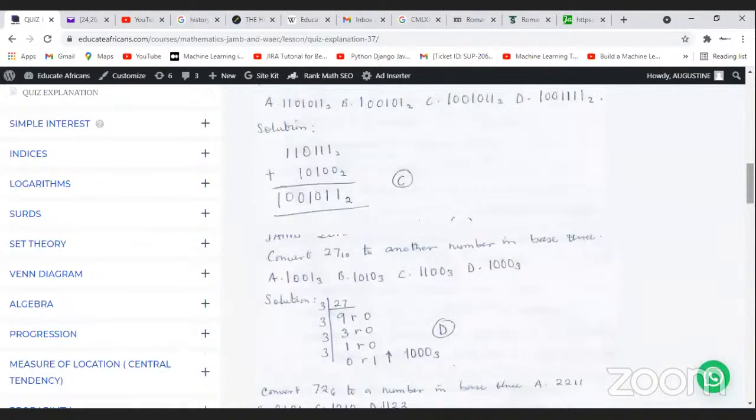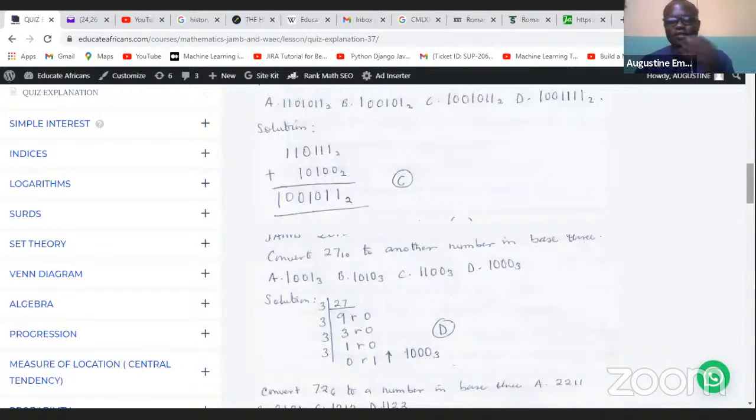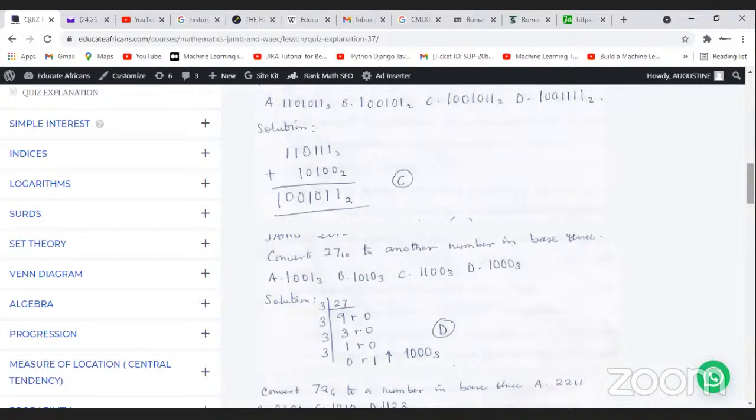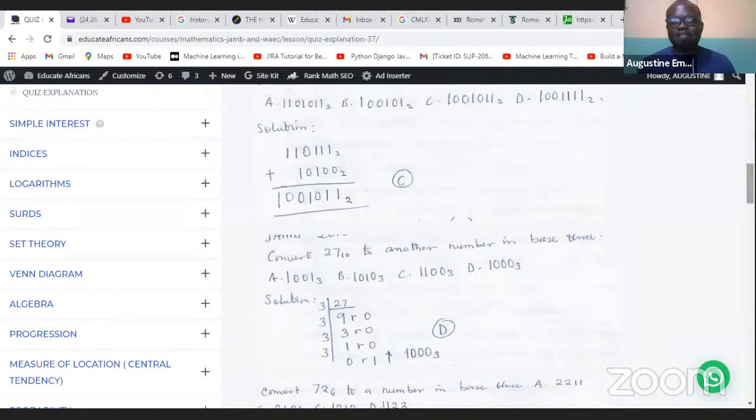From what we've done so far, you've known how to convert from base 10 to other bases and from other bases to base 10. Base 10 is normally our base because naturally in the world, the common base is counting in 10. So that's why it is the natural base to work in.